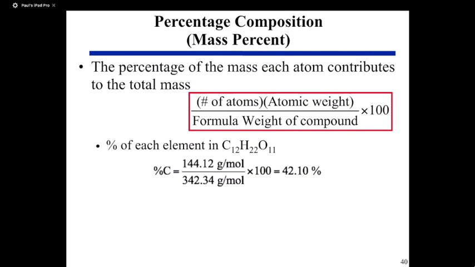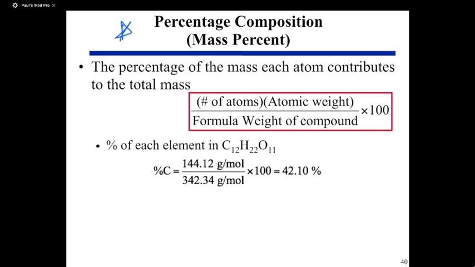All right, I'm going to teach you a couple other types of problems, and here is a type of problem. Percent mass. Okay? And here is how we do that. We take the weight of each of the atoms, okay, and you can calculate that. Number of atoms times its atomic weight, divided by the entire formula weight or molecular mass.